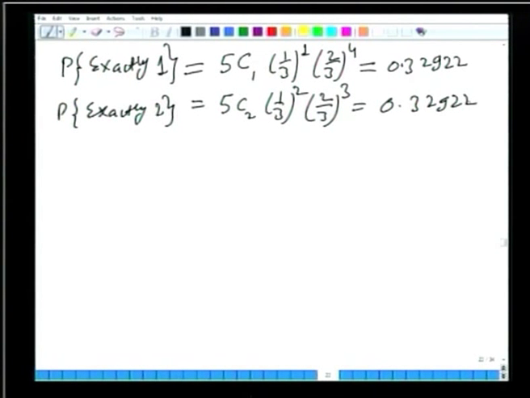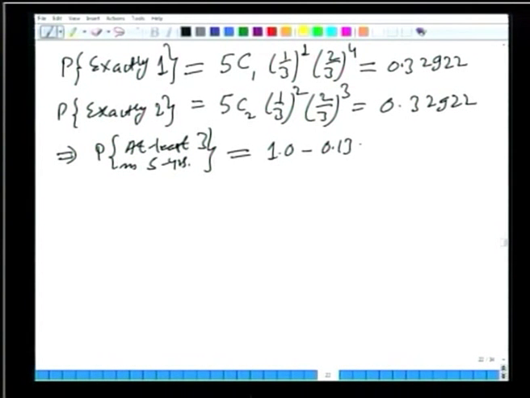Okay? If you see, therefore, your probability of at least thrice in 5 trials or 5 years, all right, is going to be equal to what? Well, 1 minus 0.13169, you just put these values which we have found, minus 0.32922 minus 0.32922.